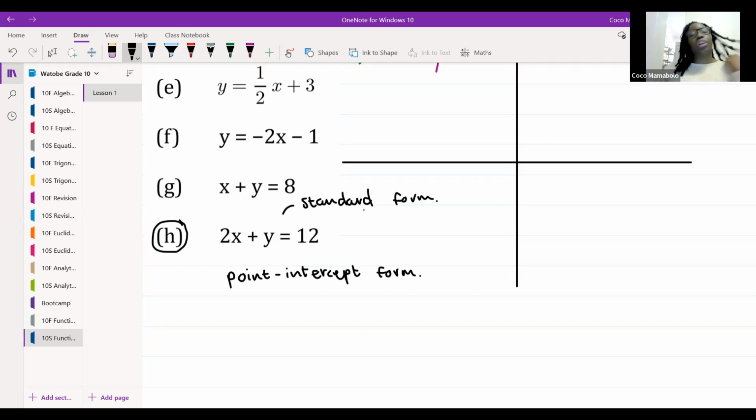Mashalah's already got an answer for X for us. I want you guys to put it in the point intercept form first for me. So this thing should read y is equal to something. Thank you, Bukosi. Remember, our mx will always come first. Emelda, remember what happens to your 2x when it goes over the equal sign? What happens when it goes over the rainbow?